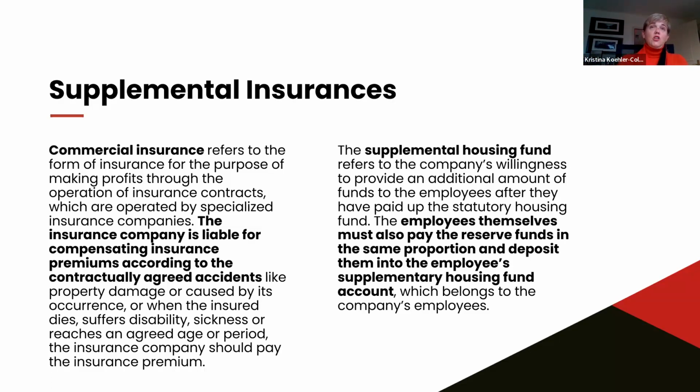In addition to that, you may find that in certain organizations that have over 50 employees, it becomes then kind of a trade union obligation that you provide this additional commercial insurance and the supplemental housing fund insurance.